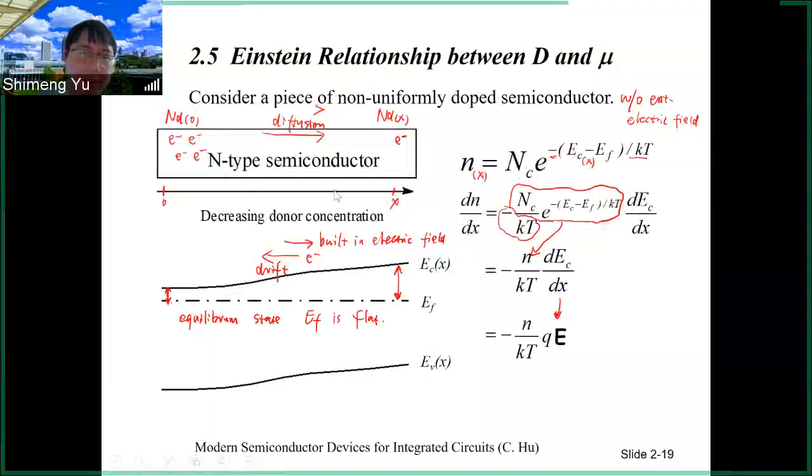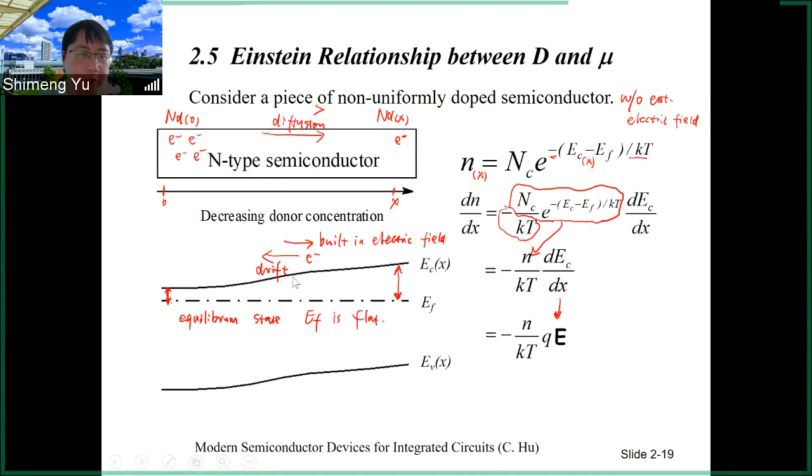But the key here is without external electrical field, the total net current should be 0. Internally, you have non-uniform doping, therefore you have the diffusion. But you have this built-in electric field to compensate the diffusion, where you have the drift currents.